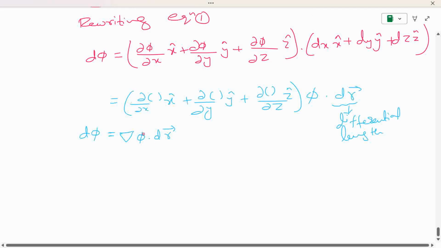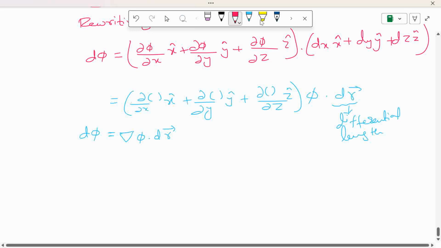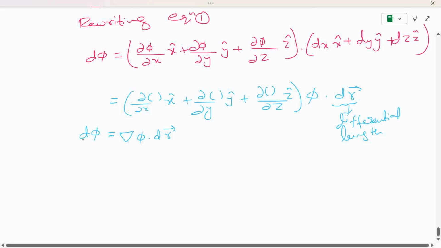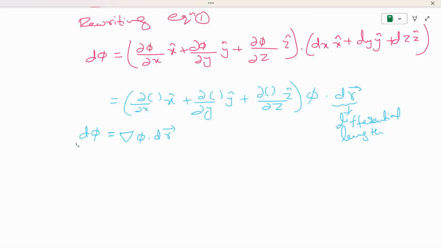So see, understanding the interpretation is very important in mathematics. Physically, what does this imply? This is the change in phi due to a change of dr bar.